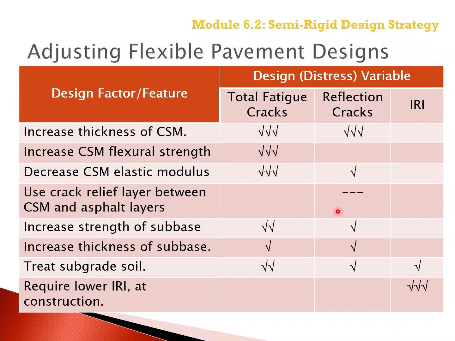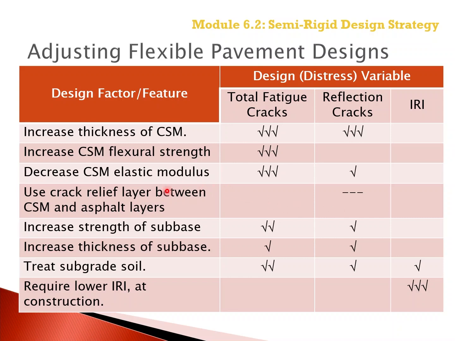The reason it's not defined here is because the Pavement ME design software was calibrated using crack relief layers on a flexible pavement side, as well as a semi-rigid pavement side, as well as asphalt overlays of rigid pavements.